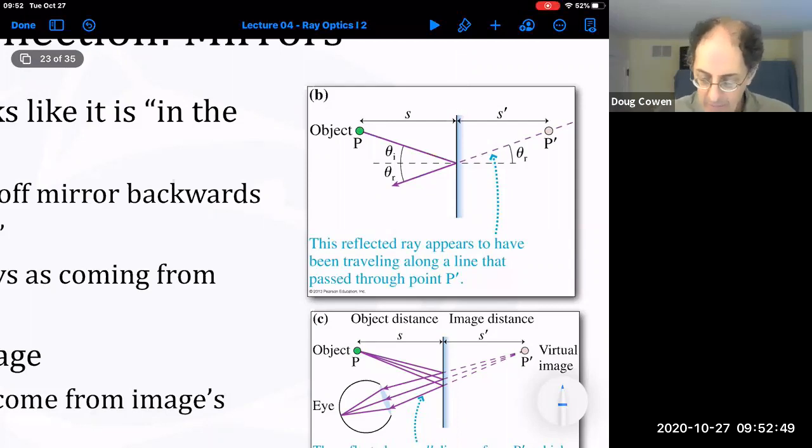That light will bounce off of your nose towards the mirror following this path here, where the angle of incidence will equal the angle of reflection.